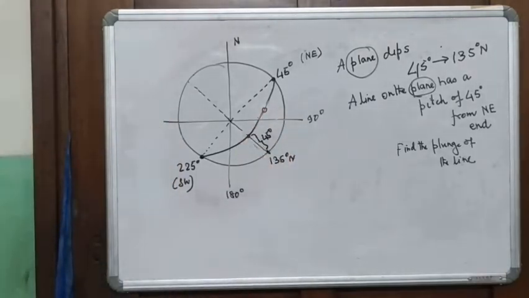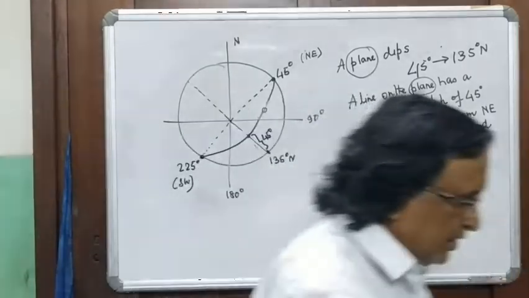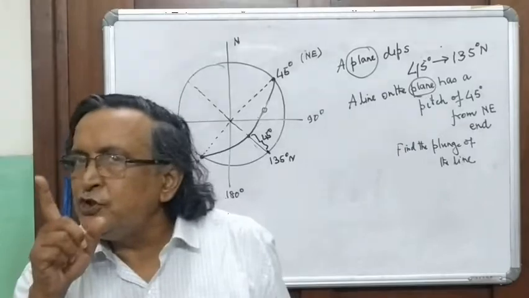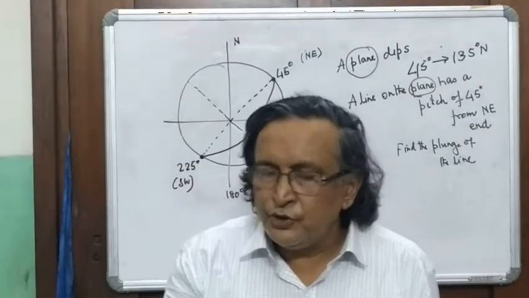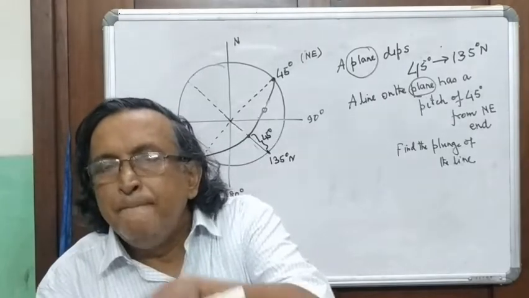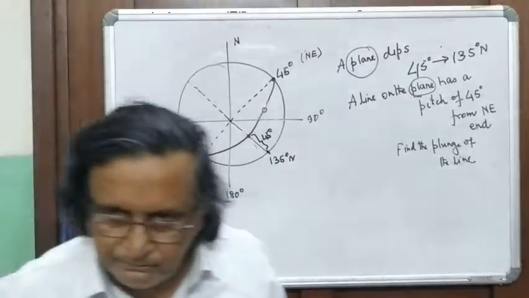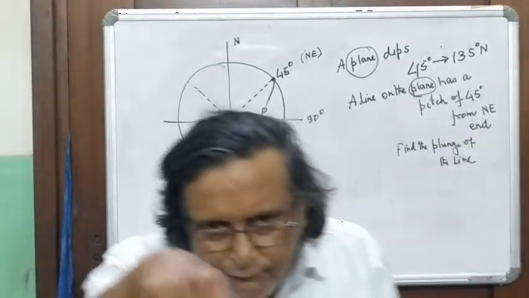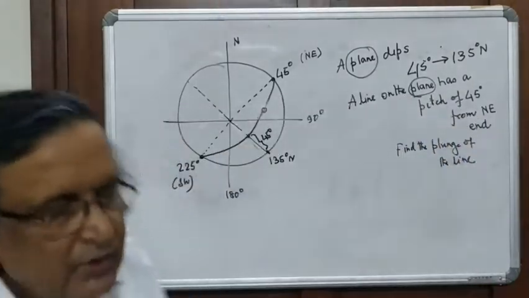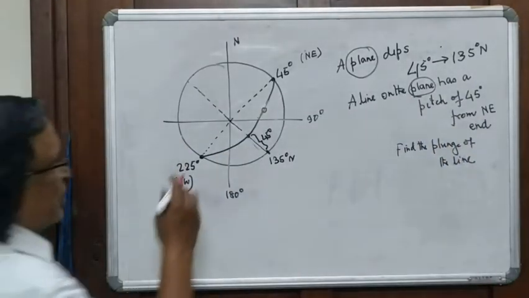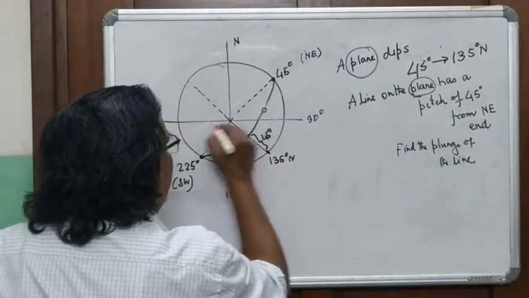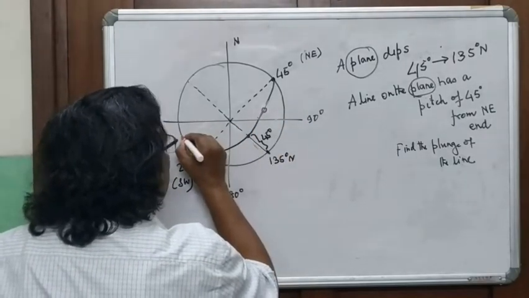Now it says, find the plunge. Plunge. Immediately, it should click into your mind. What is plunge? Plunge is the angle made by a line from the horizontal, measured on a vertical plane. So, if this is so, then I need to draw a vertical plane passing through this point.